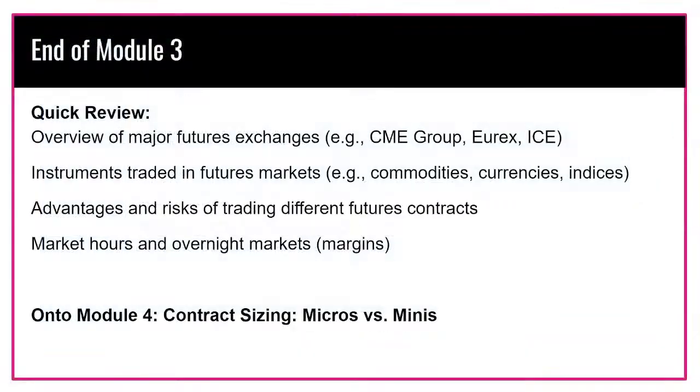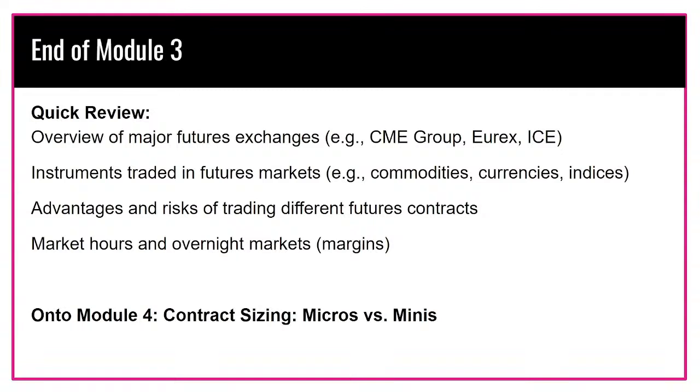All this information can be very helpful to you as you are exploring which of the different instruments you're interested in trading. Module 3 has provided a comprehensive overview of futures exchanges and the diverse instruments they offer. The major exchanges such as CME Group open up a world of possibilities for traders. Whether you are interested in commodities, currencies, indices, or other financial derivatives, futures markets cater to a broad range of interest.